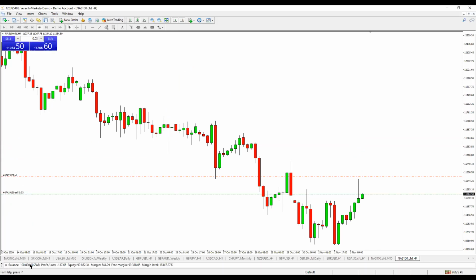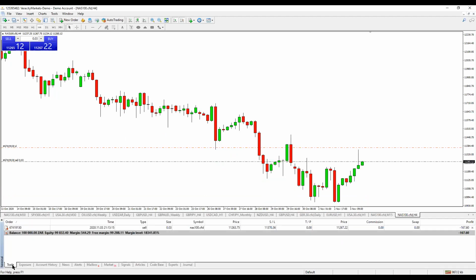You go to your balance. See, it's on minus 200 now. If you set your take profit, you just drag it wherever you need it to be. You understand? Now it's sitting on a minus because I just randomly placed it.